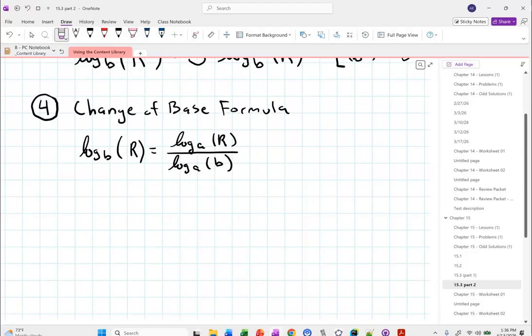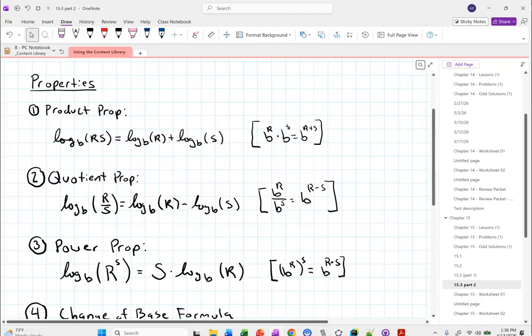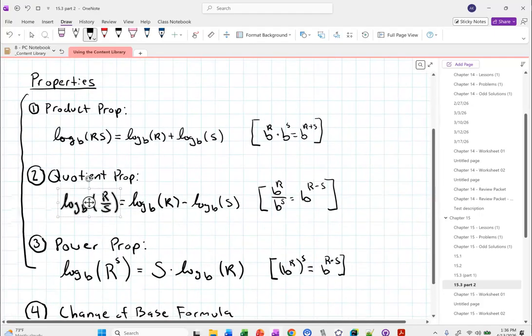So there are two types of problems that we'll ask you to do. These are problems that will occur on your test for sure, that are going to test explicitly if you can use and understand the first three properties of logarithms.